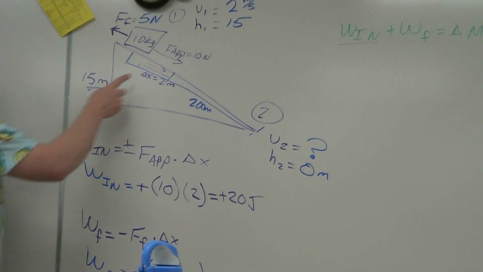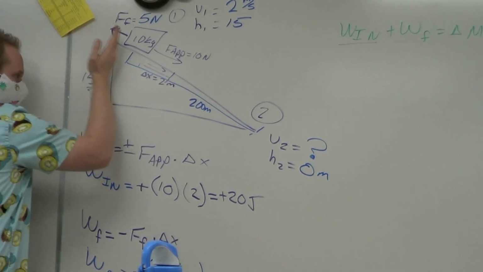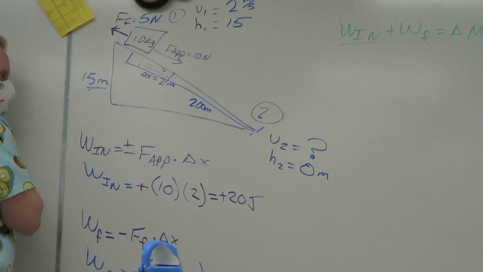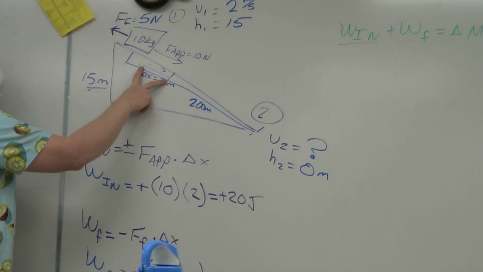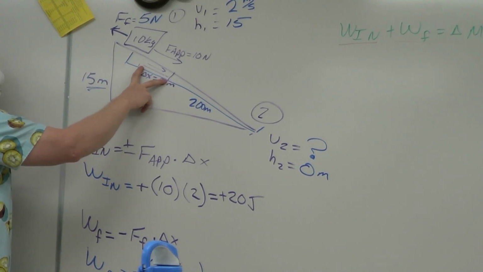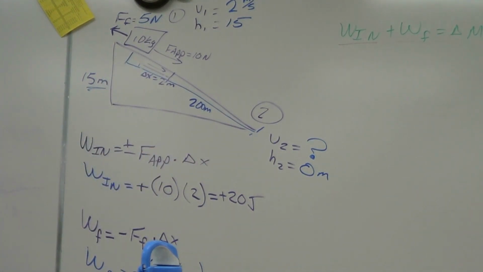We push the child at 10 newtons for 2 meters, and then the child slides down the hill 200 meters. Does friction act over the 2 meters that you push and only the 2 meters you push? Or does friction act on a sledding hill down the entire length of the sledding hill? Entire length. So what's the displacement we need to use for the force of friction? 200. Yeah, we gotta use the 200.